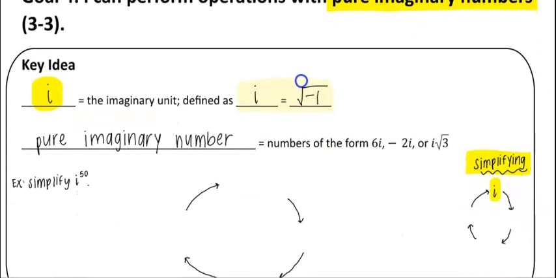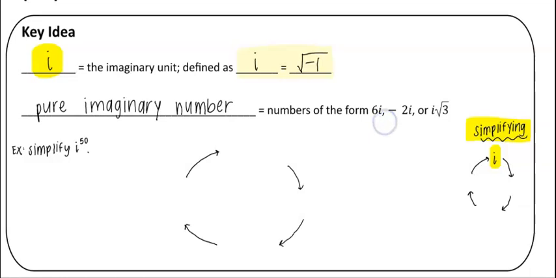So if you are looking at a pure imaginary number, it means that there's pretty much an i in it, but there's no real number part of it. So for example, it could be an i multiplied by a whole number like 6.